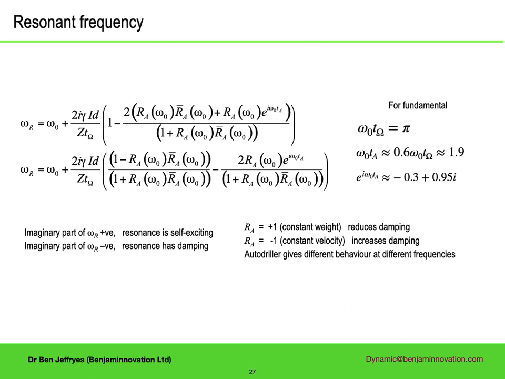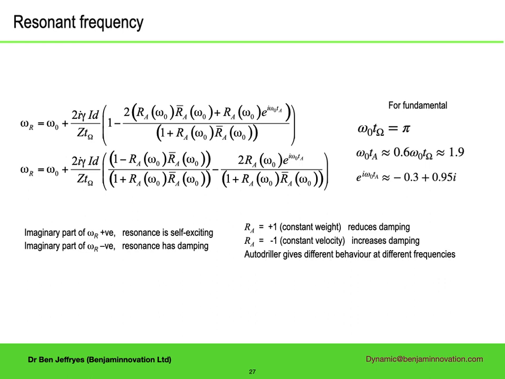You can see that for a constant velocity, which includes the block held steady, a velocity of 0, the reflection adds damping to the fundamental resonance, whereas a constant weight, were that achievable, would reduce damping. There's that factor of 0.3, so the surface reflection can't remove the bit amplification all on its own.